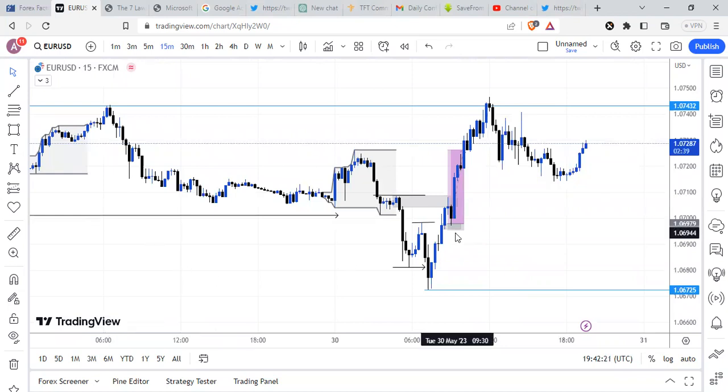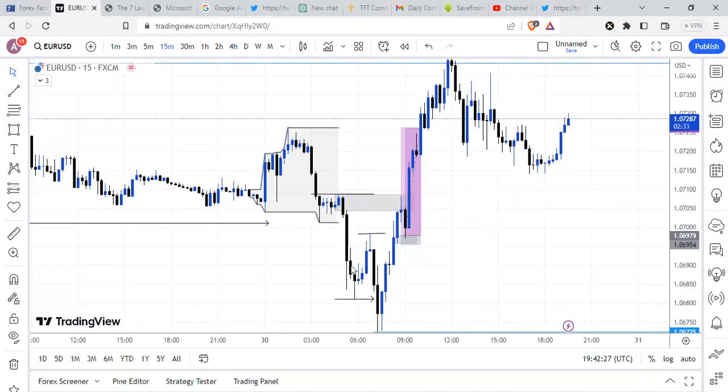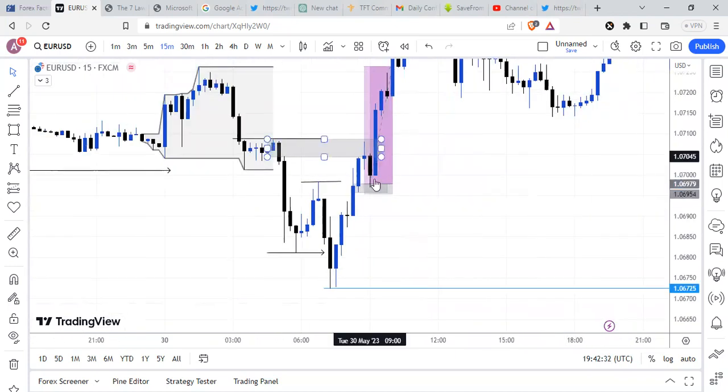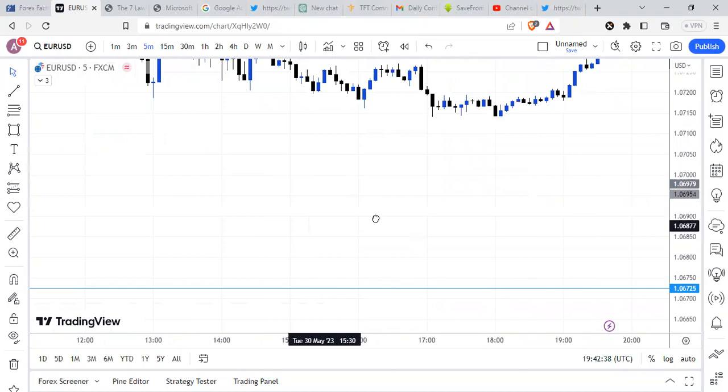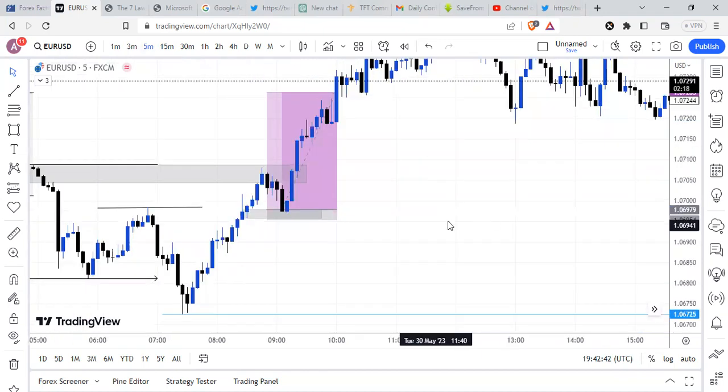So I didn't really consider this as something that will hold. Immediately price came into this order block, I was just very observant. I saw that it respected it a bit and then it broke it. Now let's go to the lower time frame. Let's go to the 5 minutes.